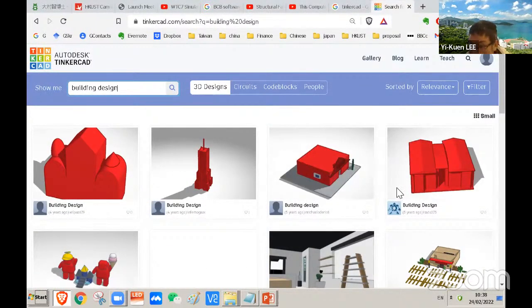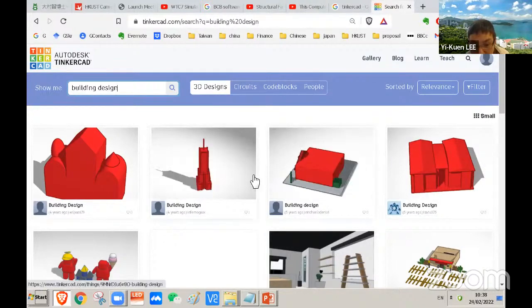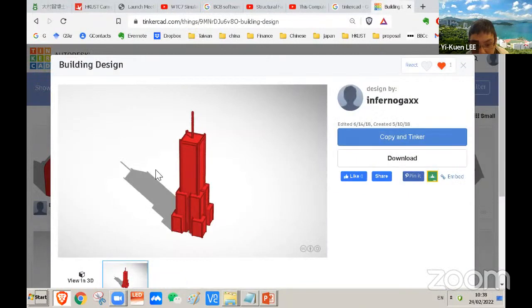Before you can make your own design, it's important to learn from other people's designs. This kind of free online CAD program is quite important and useful for all of you to quickly get some sense.